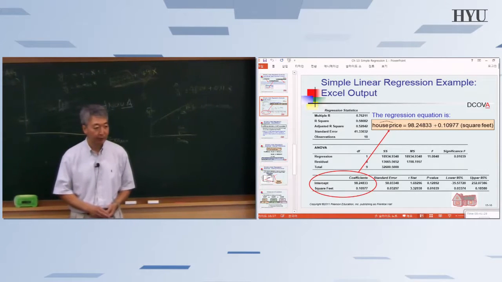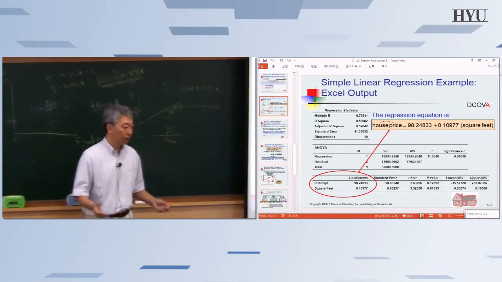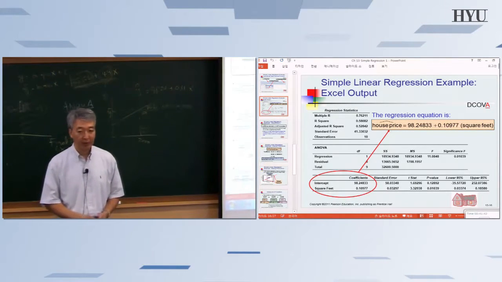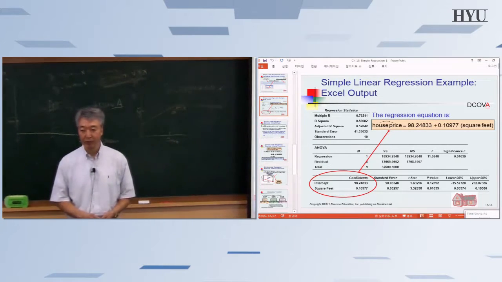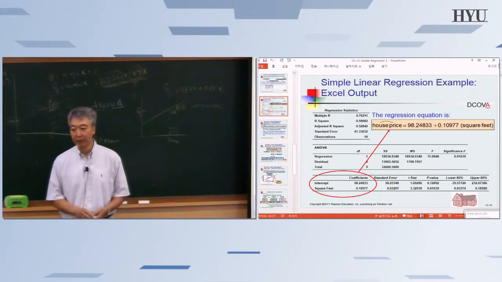In textbook examples, you can have 0.8, 0.9, 80%, 90%. In reality, though, if you do actual research, R squares tend to be relatively low, especially if you're dealing with simple regression, just one variable. I mean, think about it.